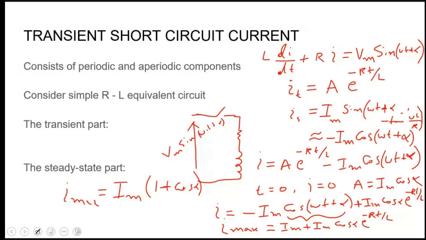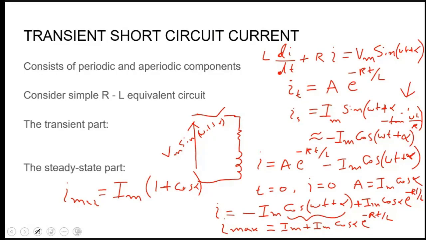We have neglected the resistance. If resistance is included, what will happen? There will be damping. Where did we neglect the resistance? Here itself, in the sine term, we have minus tan inverse of omega L by R. So there we have neglected it, and some phase difference will be there. That is one approximation.